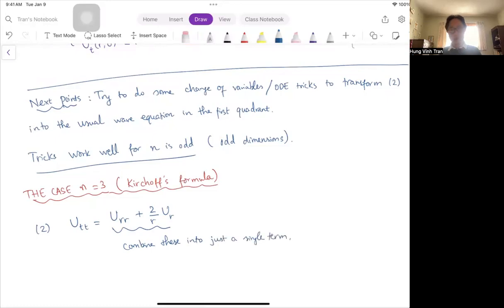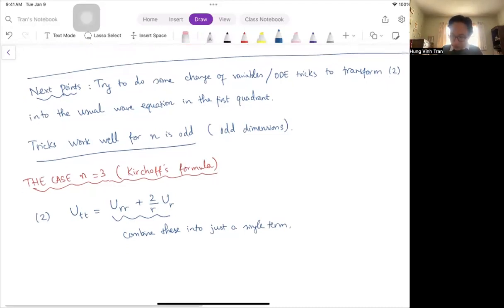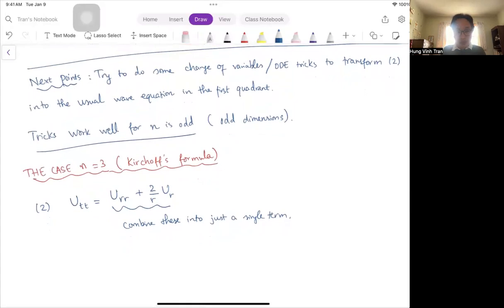I realized that there's a 2 here, and a natural idea would be to multiply both sides by r. I would have r times u_tt equals r times u_rr plus 2u_r.